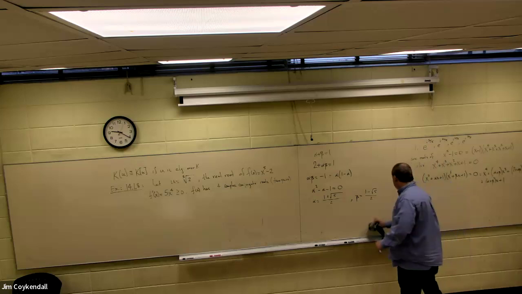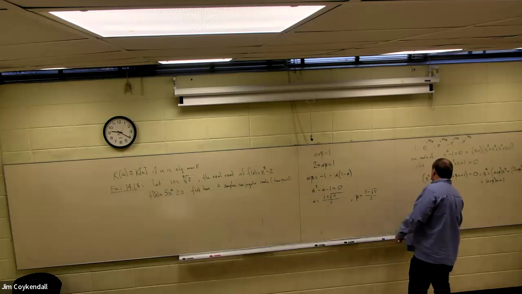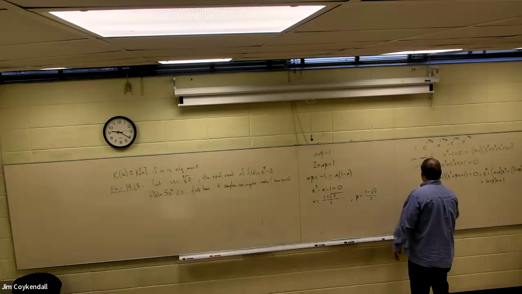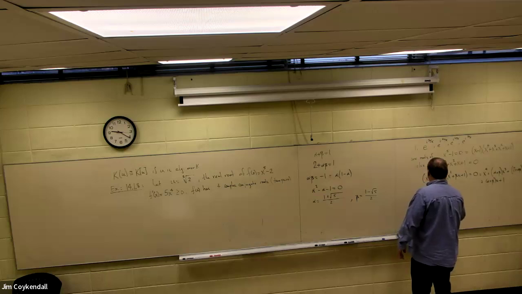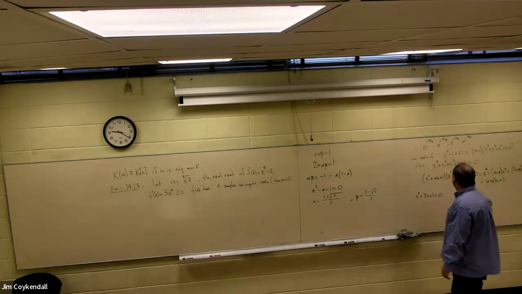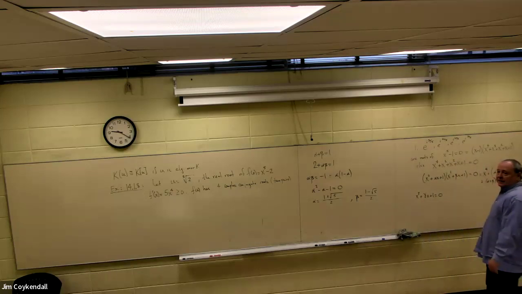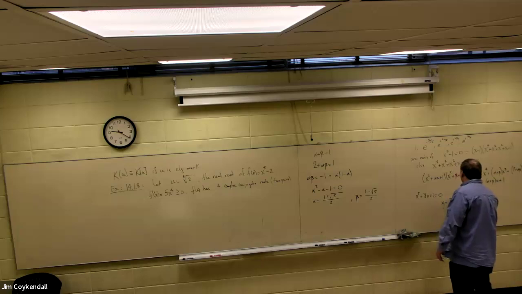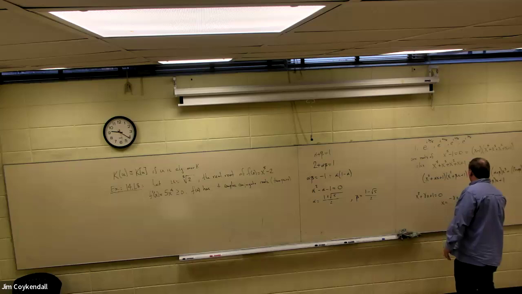So my solutions are here, gamma can play the role of either alpha or beta. x is equal to negative gamma plus or minus the square root of gamma squared minus 4 over 2.